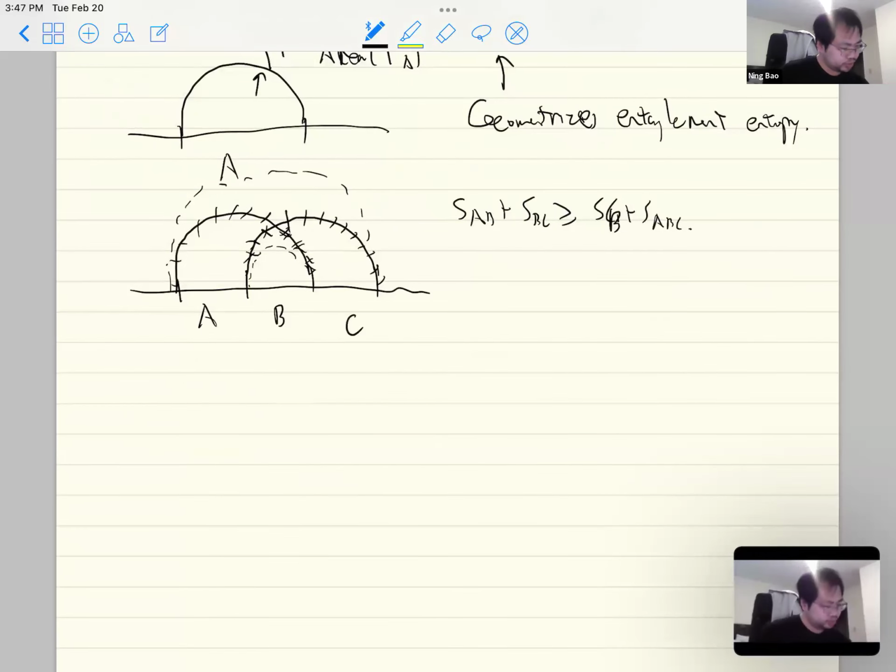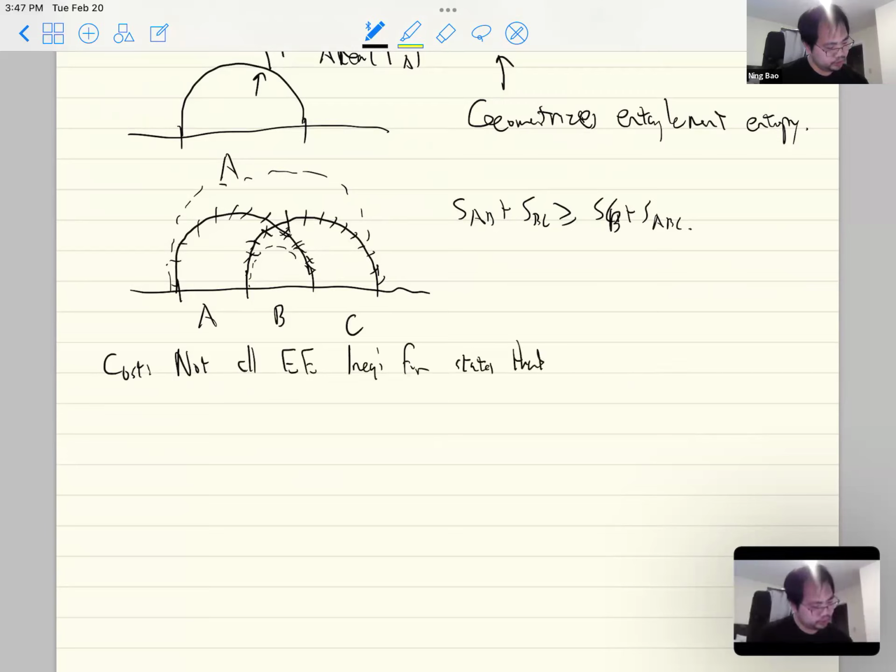However, this comes at a cost. Not all entanglement entropy inequalities for states that obey RT are obeyed by all quantum states.